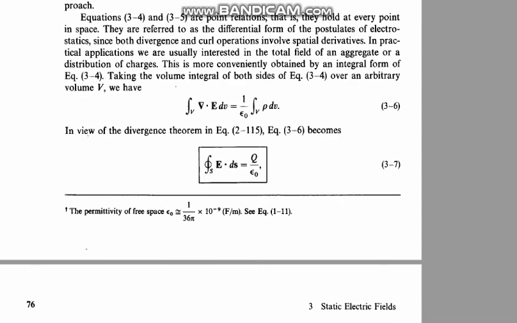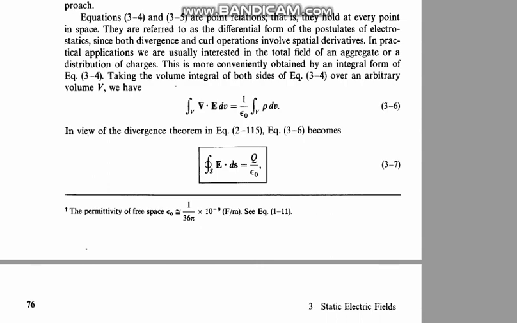These two equations, by integration, give us the divergence theorem, and there are two theorems that we will use, Stokes theorem and the divergence theorem. Then we will understand Gauss's law and the others. They hold at every point in space.